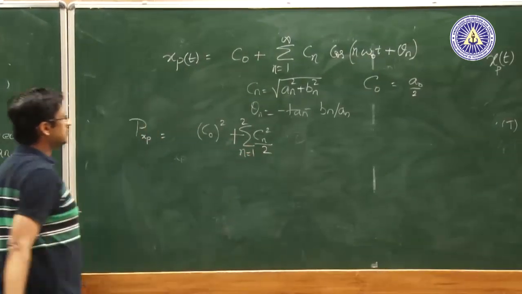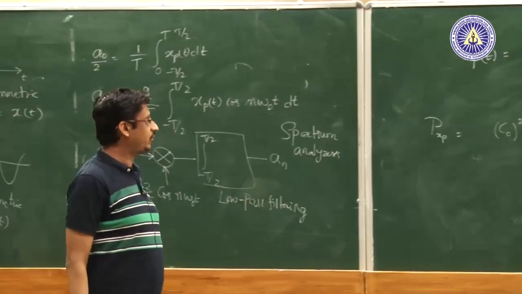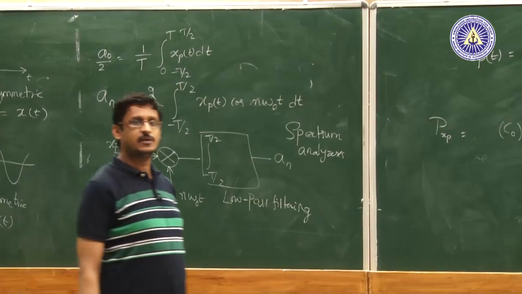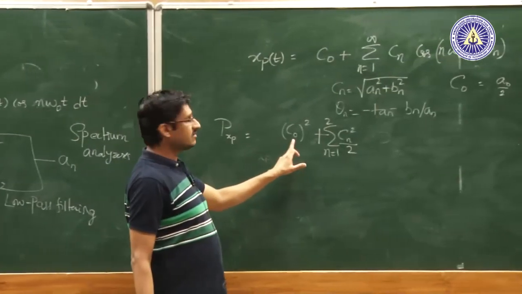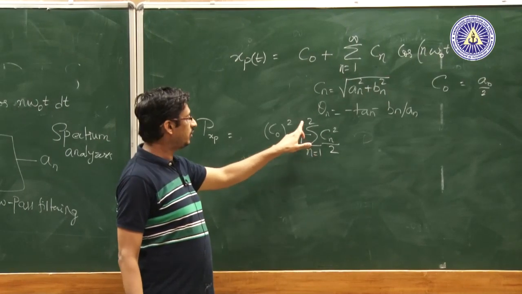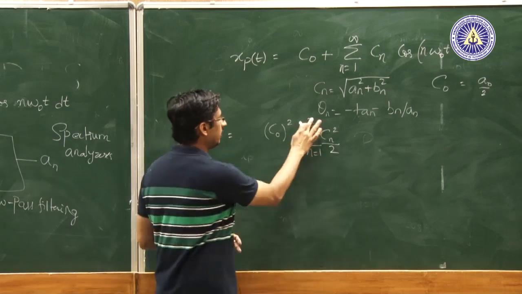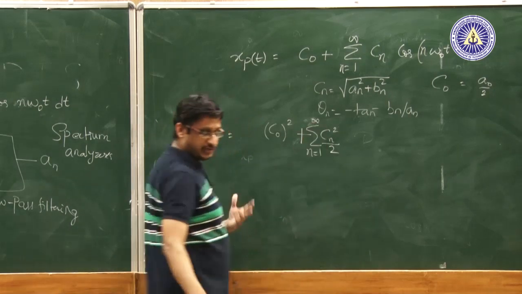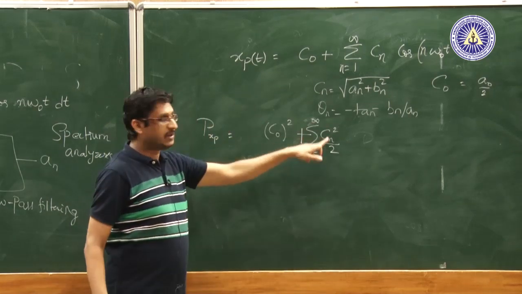So, you can show later on that the average power in the periodic signal is given by C0 square plus the summation from n equals 1 to infinity, I am sorry, there are an infinite number of Cn terms, Cn square by 2.